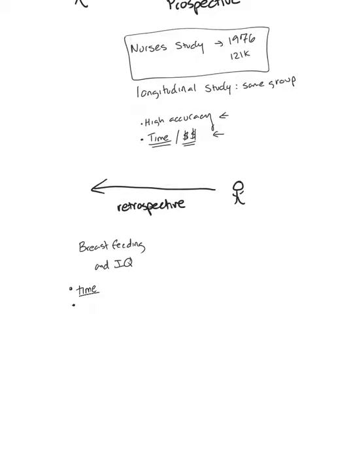So time is an advantage in retrospective studies versus prospective studies. The shortcoming, though, is pretty significant, and that is accuracy. That is, if I go out and I ask a mother, well, how long did you breastfeed for 6-7 years ago, she might not know to the exact day. And even the accuracy that she remembers, she might round it or approximate it when she reports it. So time is on your side if you're doing retrospective, accuracy is on your side if you're doing prospective studies. Now, I really want to emphasize here that while retrospective and prospective studies are types of observational studies and they have their separate pros and cons, the really big overarching thing you have to take out of observational studies is, once again, there is absolutely no causation.